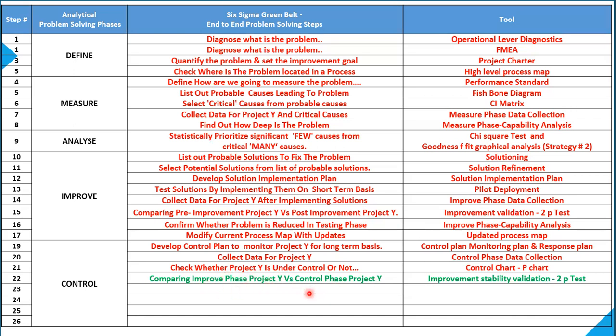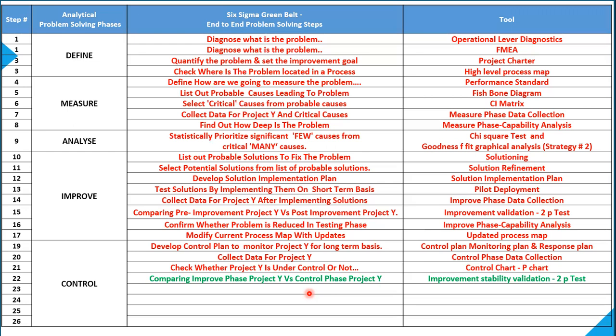All we need to prove is that in the control phase as well, we sustained or stabilized the performance of the improve phase. The performance has not been reduced or worsened in the control phase. It's continued, it's sustained, it's stabilized.